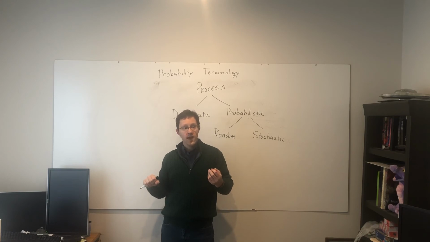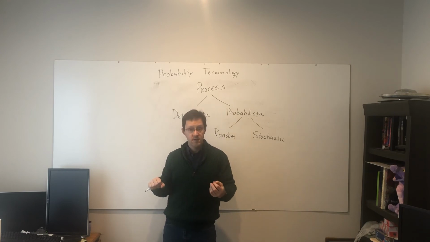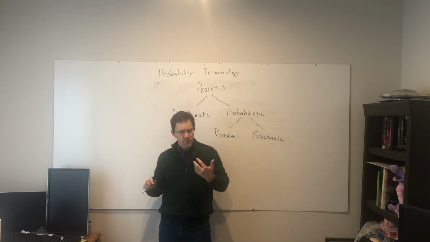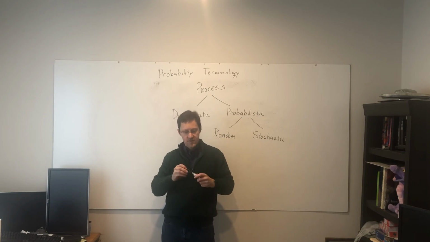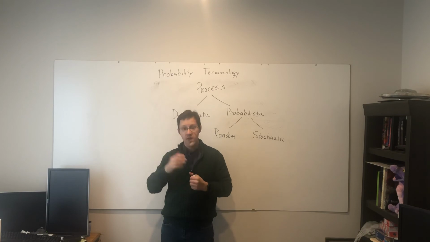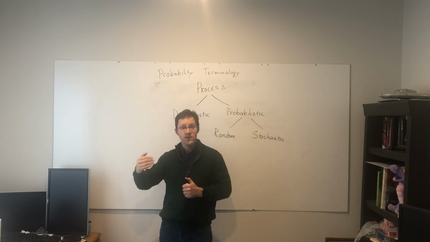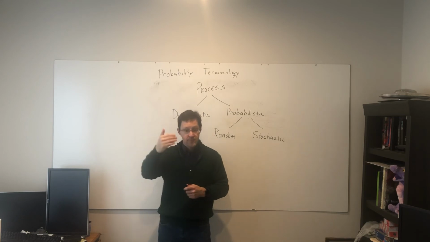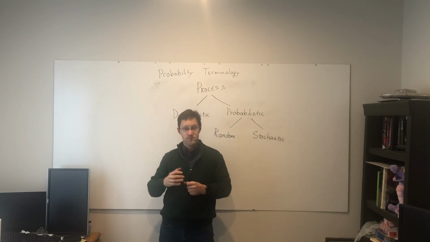Those are ones that have some element of randomness, some element of chance, but it's not complete. So say, again, the voting behavior of a person, there are many factors that go into that. Where they live.